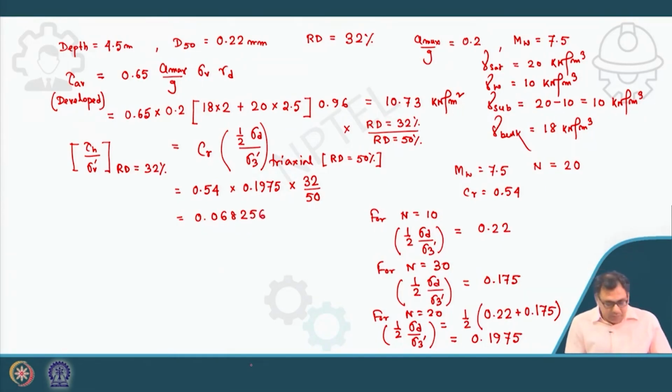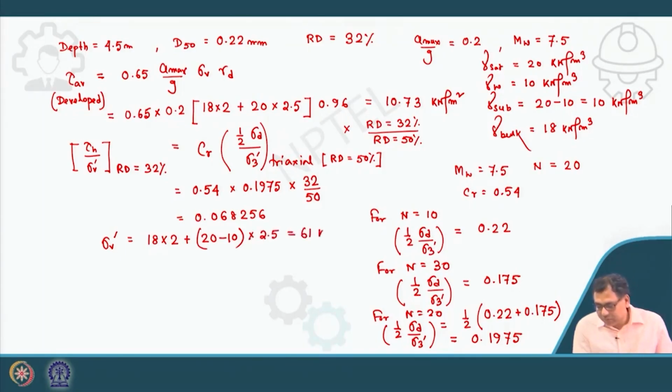Now sigma v dash, what is it? The effective overburden pressure, sorry, this is 20 minus 10 that I have already shown, into 2.5. So this will be 61 kilonewton per meter square.